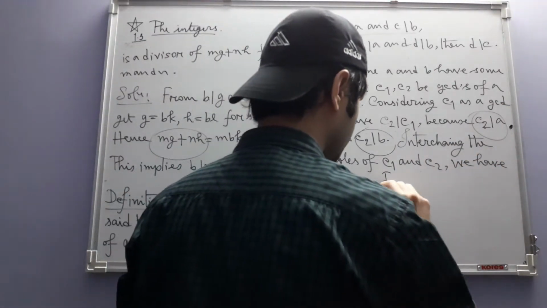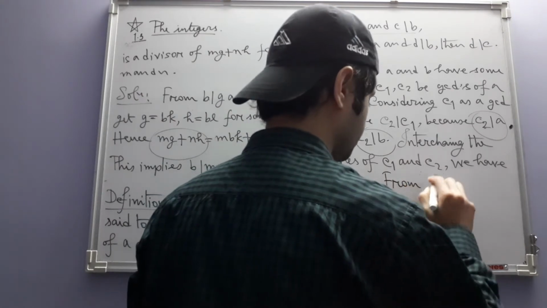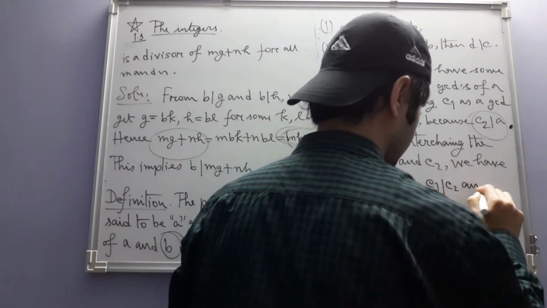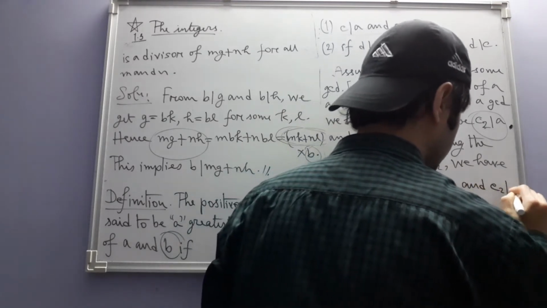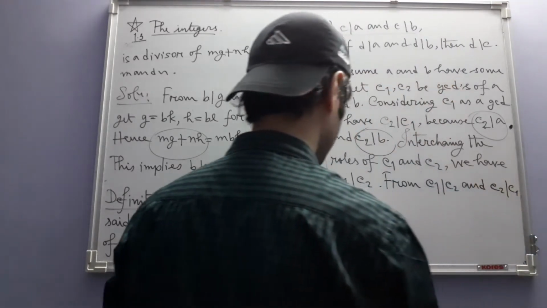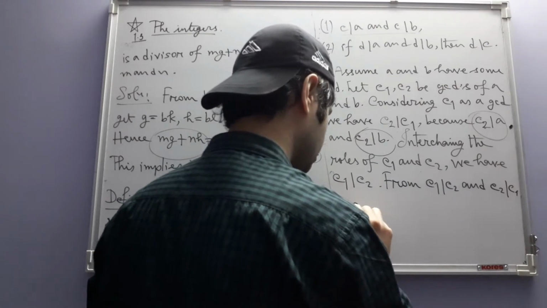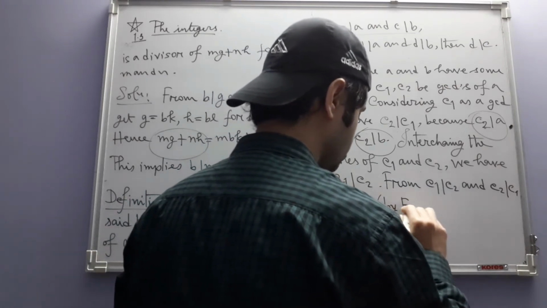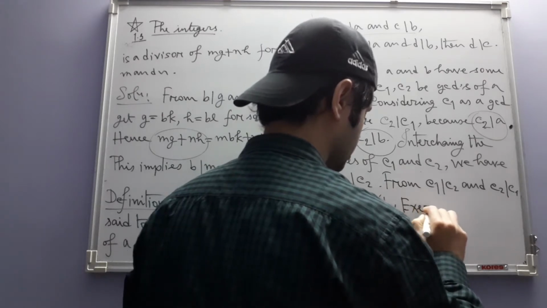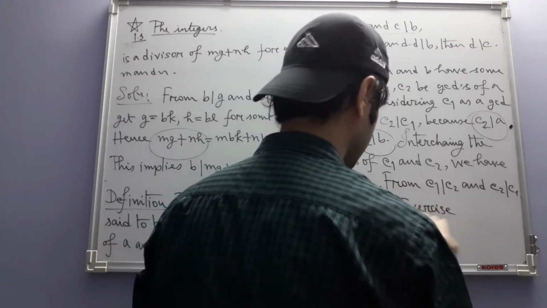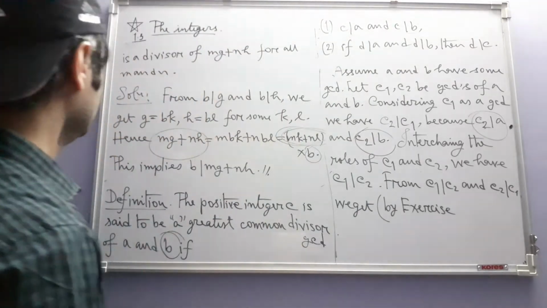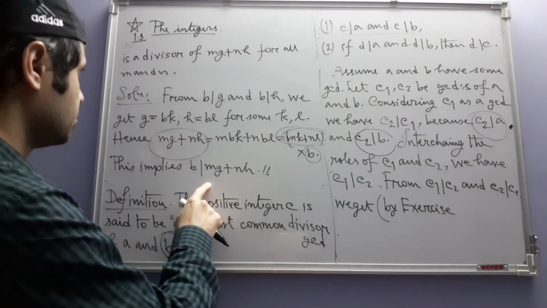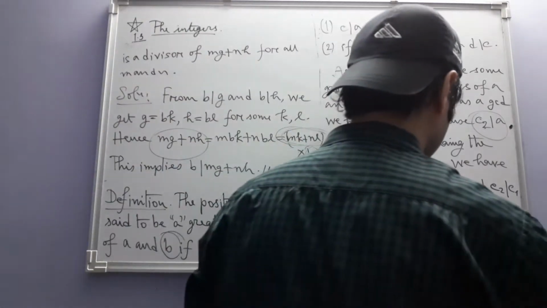So from C1 dividing C2 and C2 dividing C1, we get by exercise 2, or exercise 1, I forgot, this is exercise 2, so that was exercise 1.